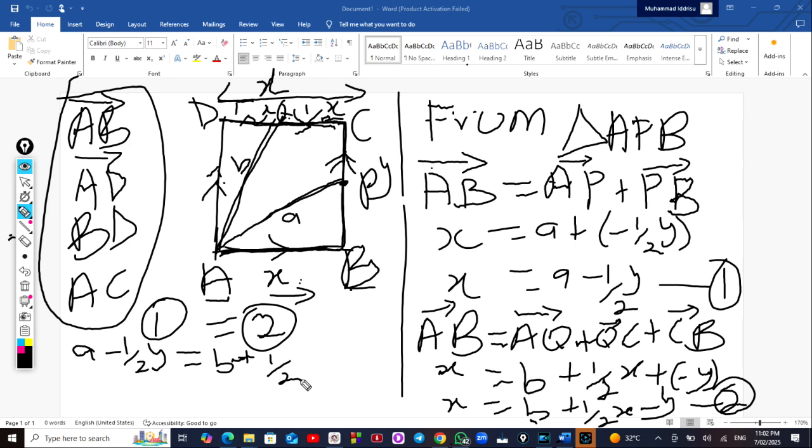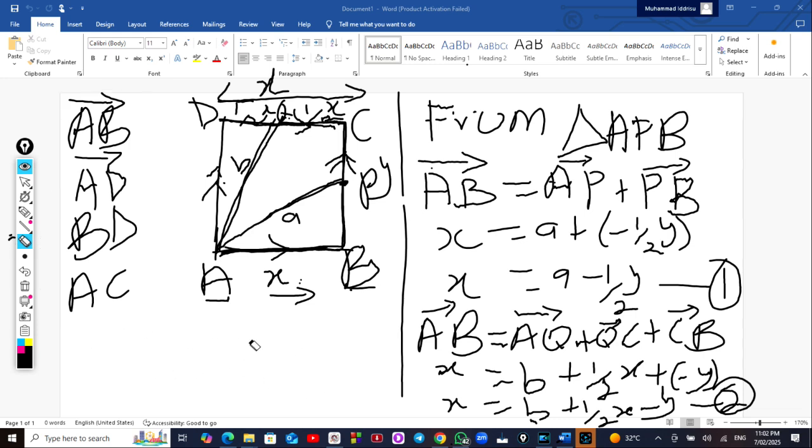Oh, I didn't finish making X the subject in equation 2, so let's come back to equation 2. You can still see X, so let's make X the subject so that we can equate the equations.